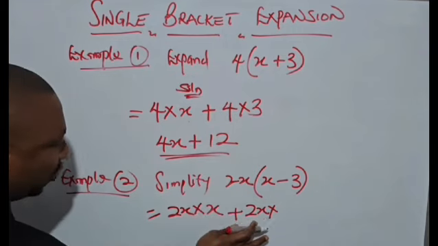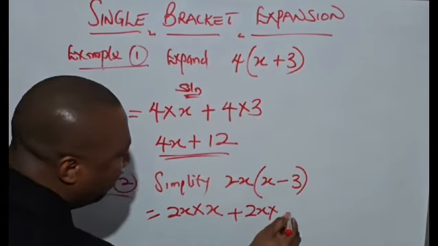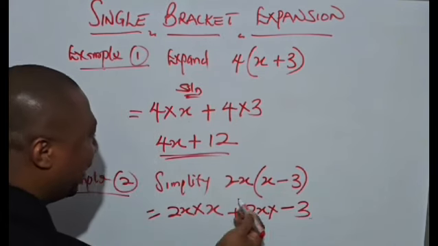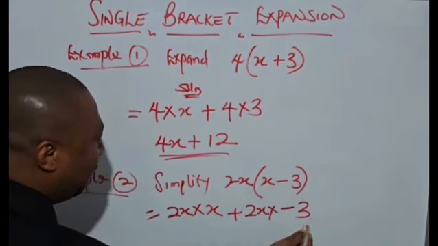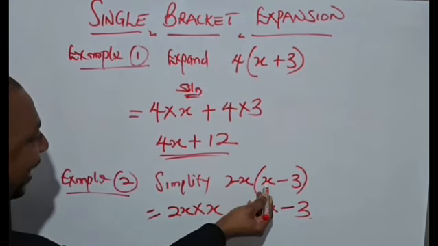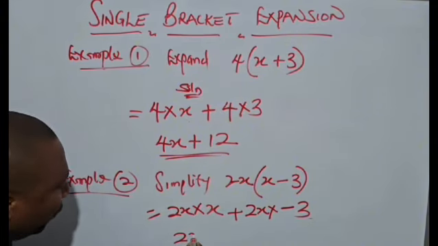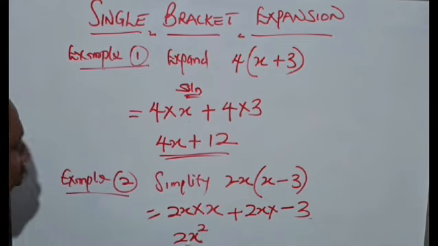And now this is plus 2s multiplied by what? Minus 3. This is the second number. We are multiplying this 2s by this minus 3, and we are multiplying this s by this s. So 2s times s is 2s raised to the power 2.